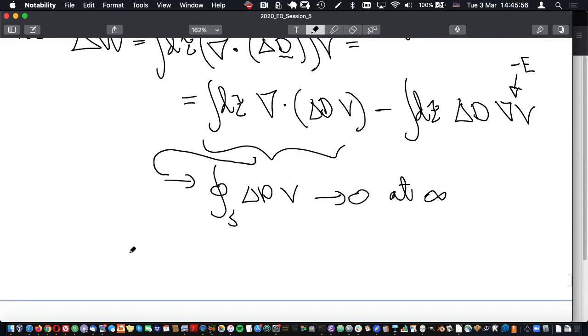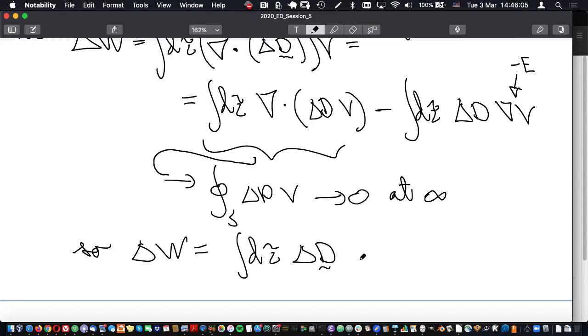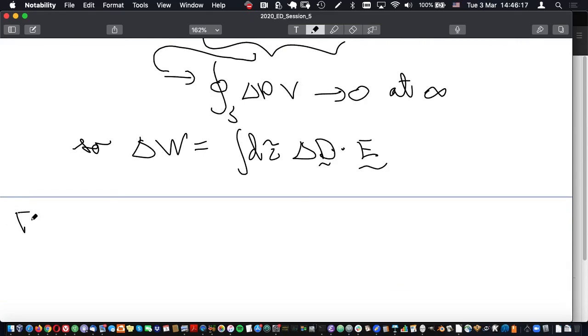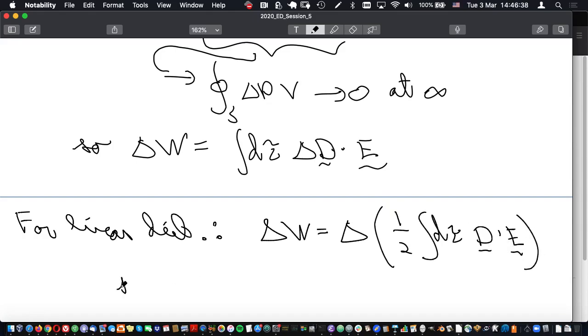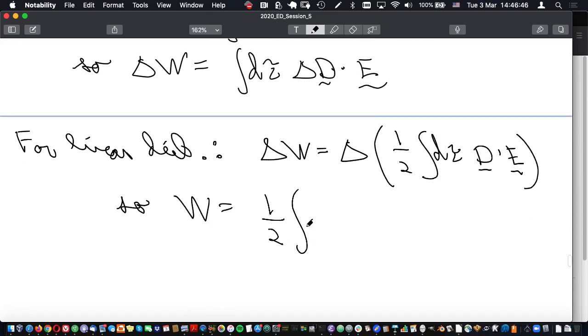So the delta W is just the integral d tau of delta D dotted into E. This works always, and now for linear dielectrics, and I'm finishing with this, delta W is just the change of 1/2 the integral d tau of D dotted into E. So really the work done to assemble the whole thing is 1/2 the integral d tau of D dotted into E.